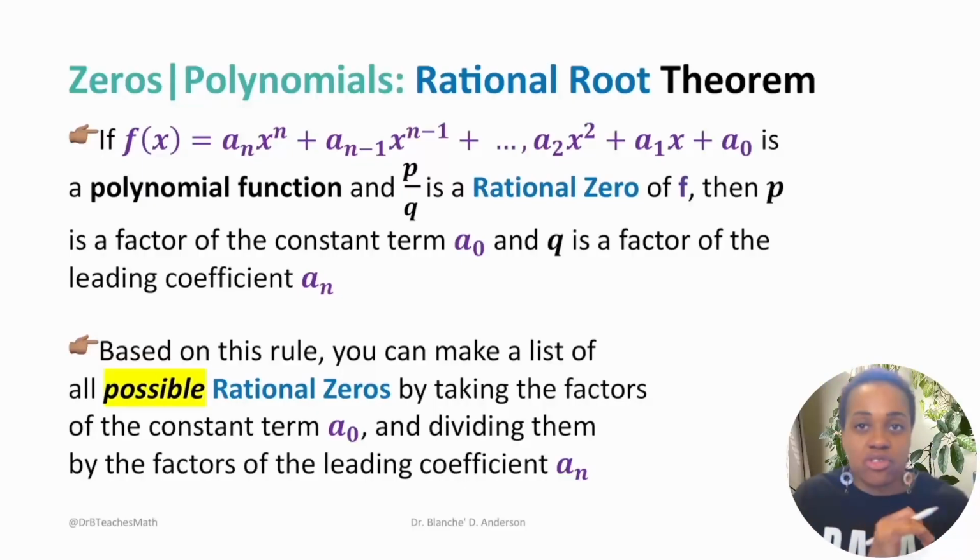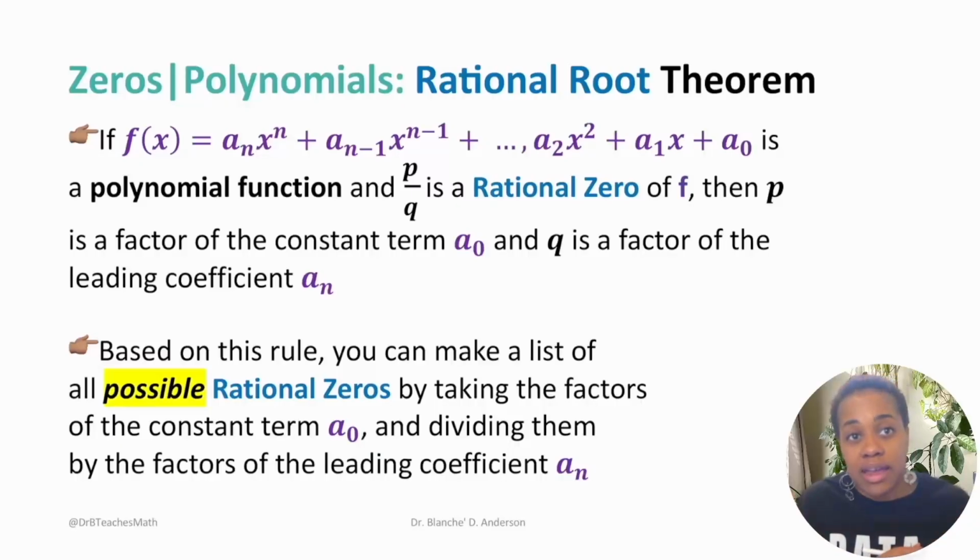So what the rational root theorem basically says is that if you have a polynomial, then p over q is a rational zero. Rational means it's an integer or a fraction, basically. Remember, if it's a zero of the polynomial function, that means it is a root, it is a solution.